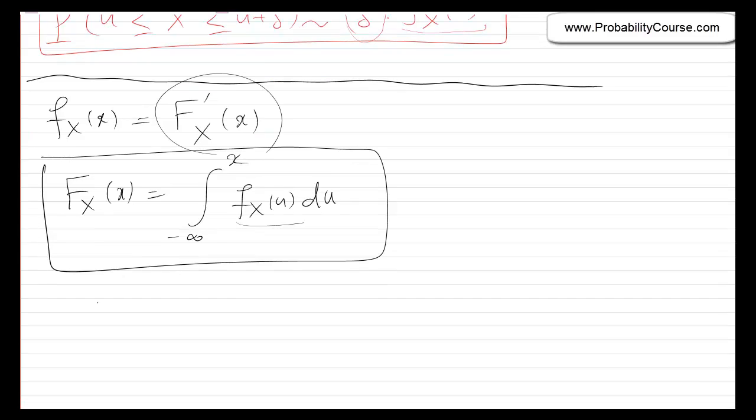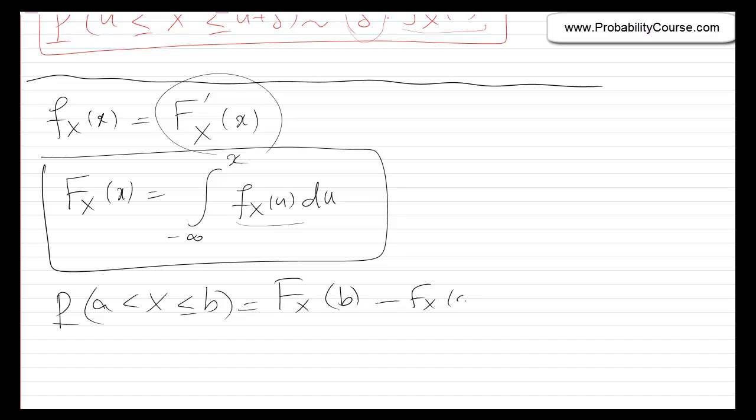Now remember that the probability that x is between a and b is, by definition, FX of b minus FX of a. That was the property of the CDF that we saw previously. If you replace the CDF by the integral of the PDF, you obtain the integral from minus infinity to b of fX of u du minus the integral from minus infinity to a of fX of u du.